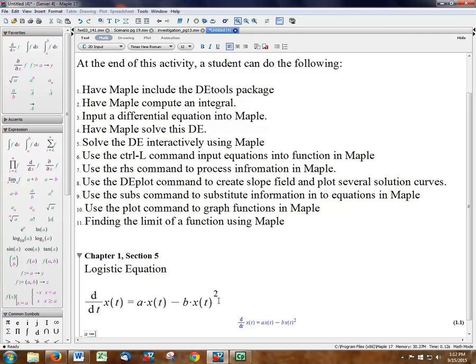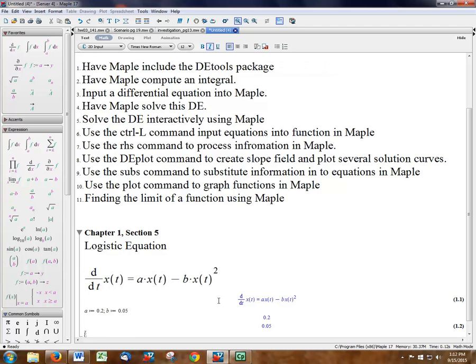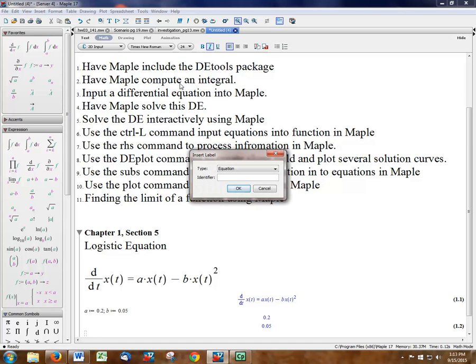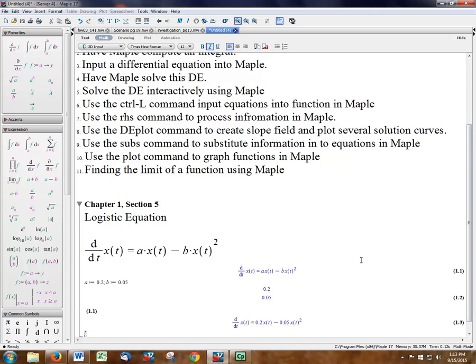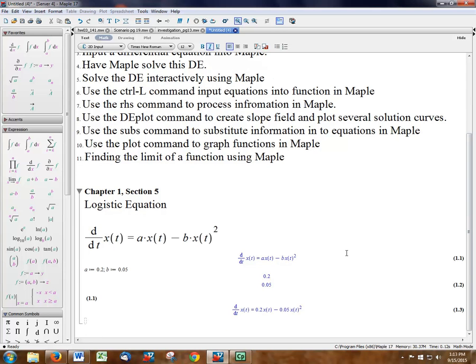Let A equal 0.2, and then also let B equal 0.05. Let's do that. Okay, so I'm going to use the Control-L command, and my font has changed again. So Control-L, and I want to get my differential equation back. So that'd be 1.1 according to these markers over here. And if I hit return, there's my differential equation.